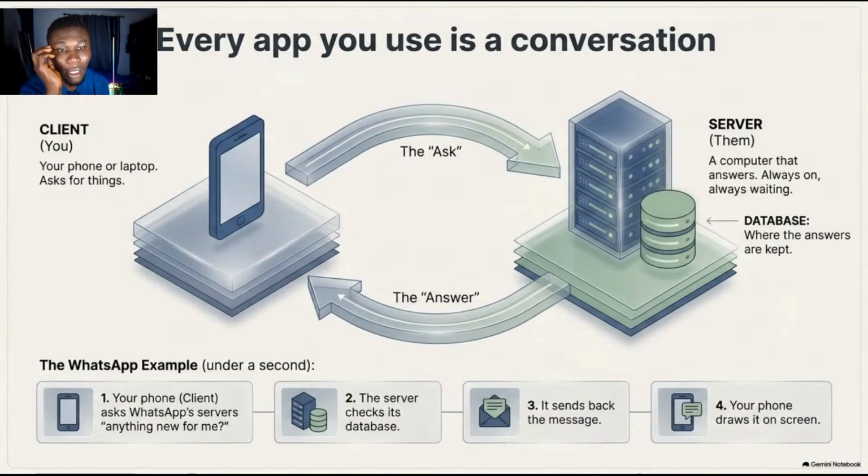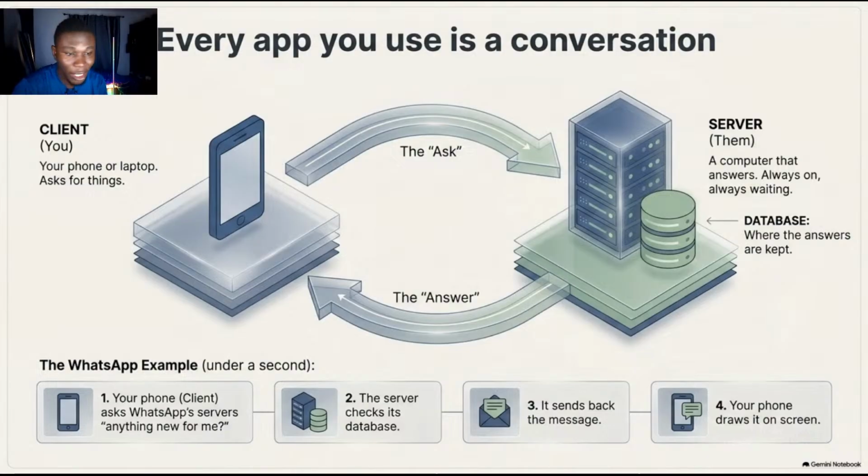So using WhatsApp as an example, your phone is a client. Let's say you post a status, someone else has his phone somewhere, and then I go and check, okay, I want to go and watch Bernard's status. Has he posted anything recently?